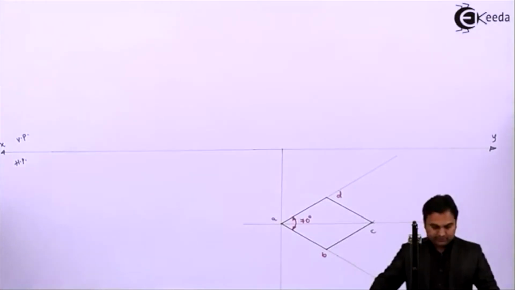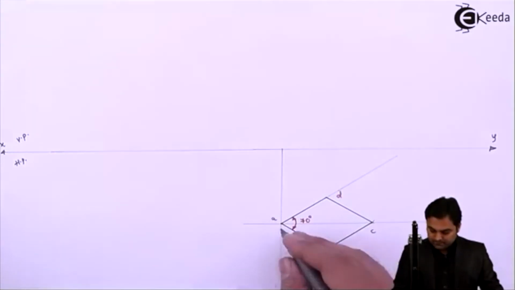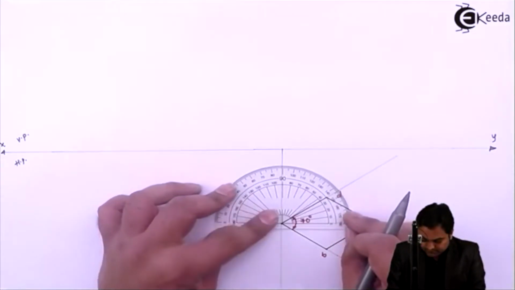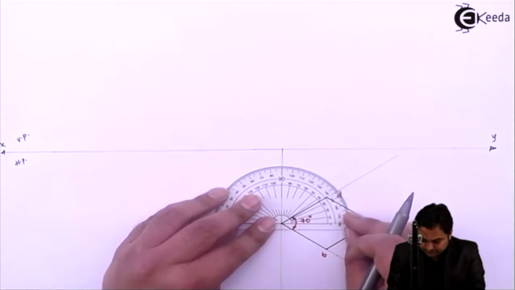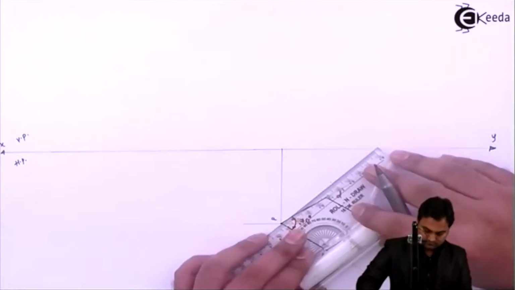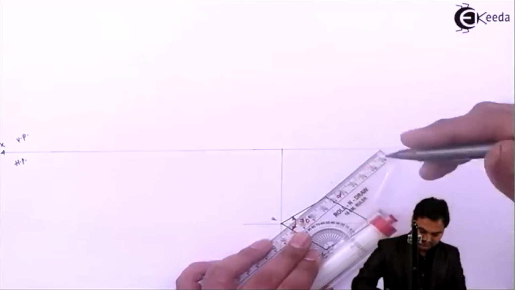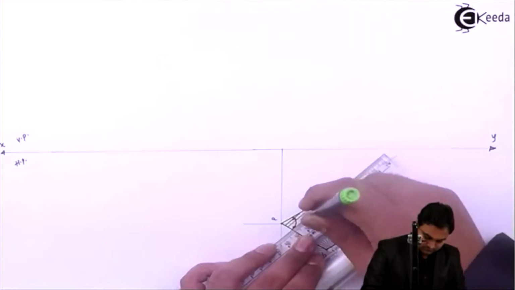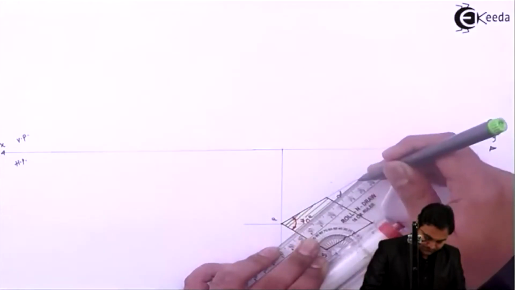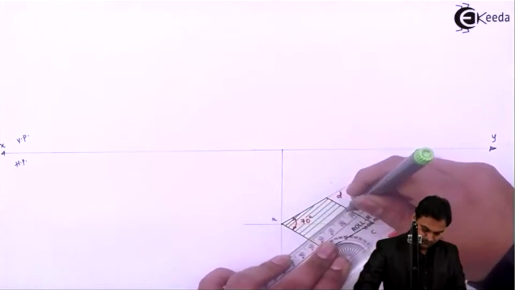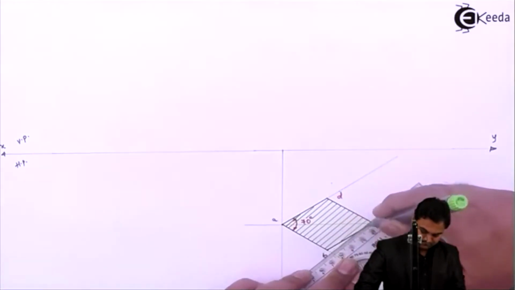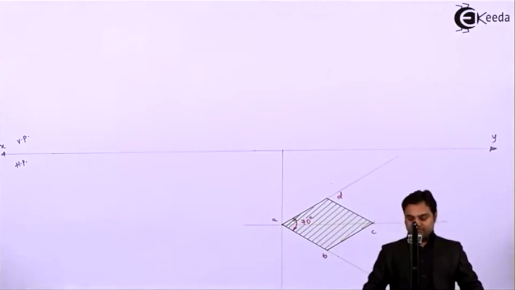Drawing sectioning lines through it, and for that I require an angle of 45 degree. So keeping the same reference, I'll measure 45 degree from here. Drawing the section lines. So this is the true shape of the section.